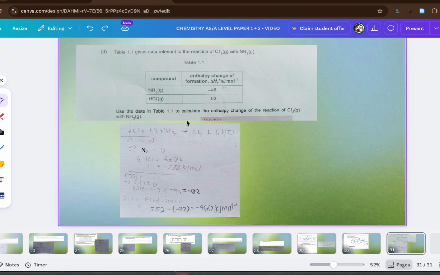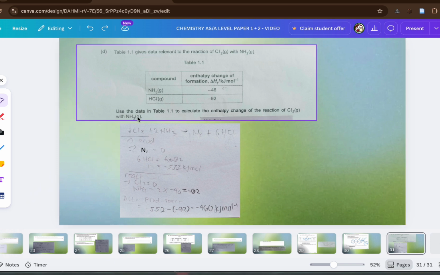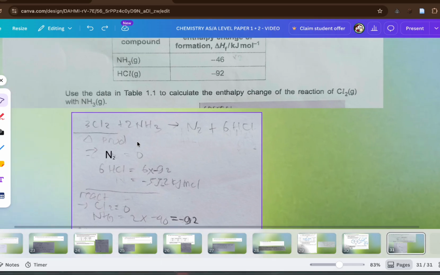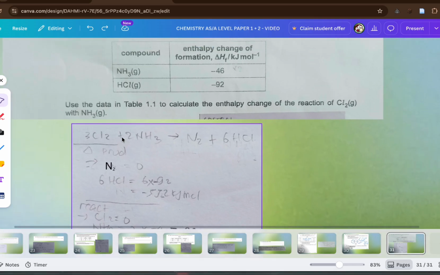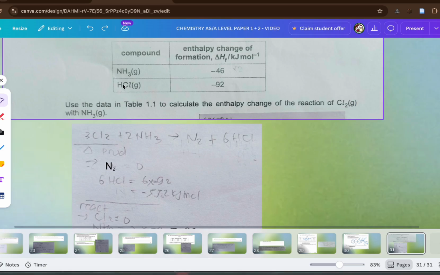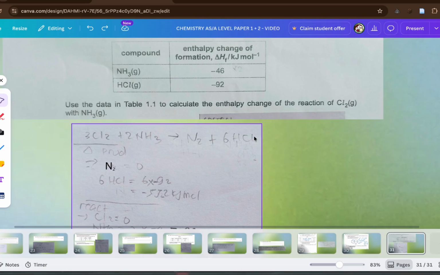Use the data in the table to calculate the enthalpy change of reaction of chlorine with NH3. Okay, so we put in the equation, which is Cl2 plus NH3, which results in nitrogen gas and hydrogen chloride gas. Of course, we balance it, which results in 3Cl2 plus 2NH3 equals N2 plus 6HCl.